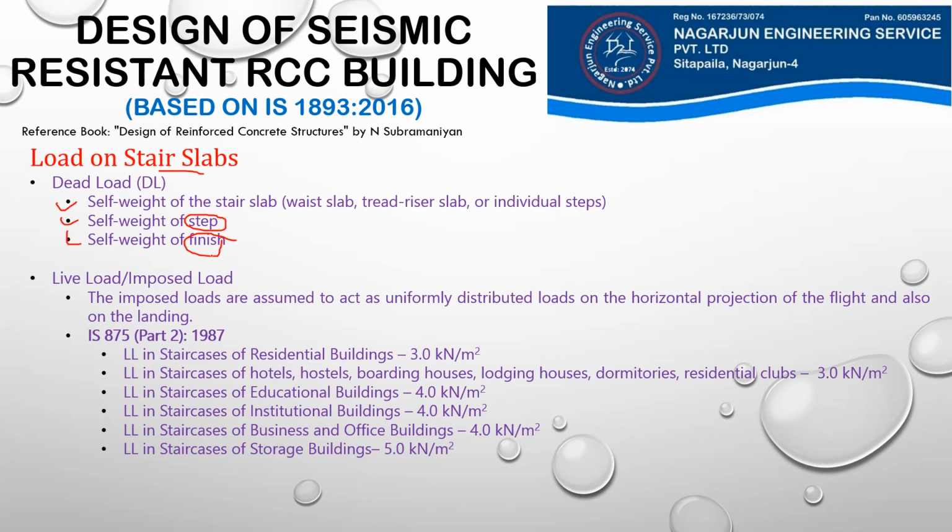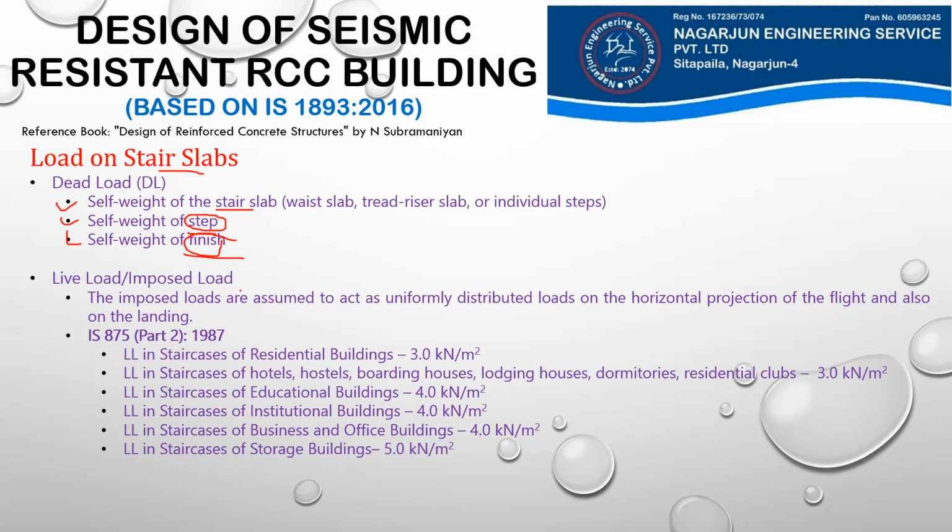And our finishing on our staircase, you may either use tiles or different types of marbles or granites. So the self weight also depends on the type of finish used in our staircase steps. So these three are the predominant dead loads acting on our staircase.